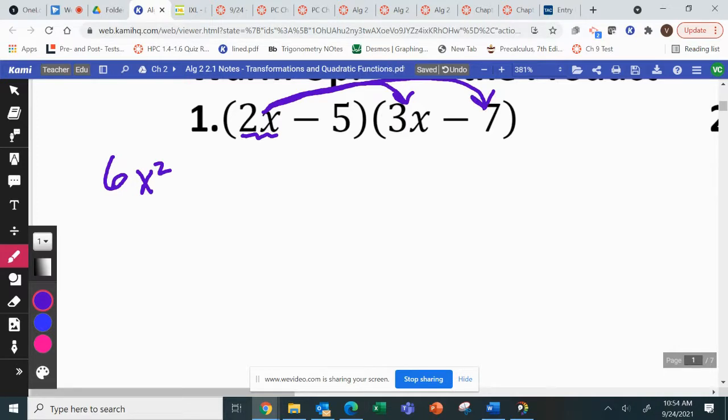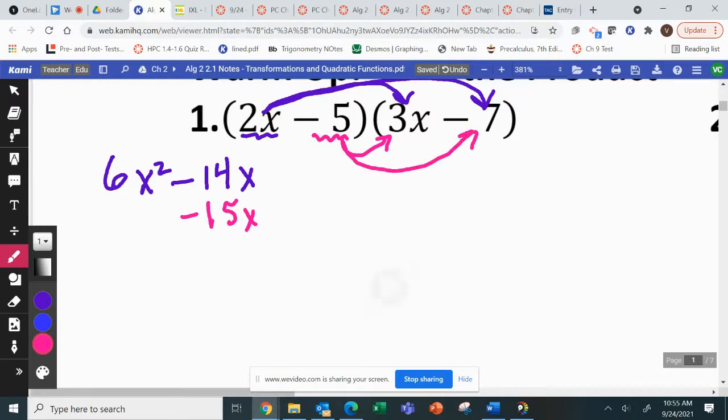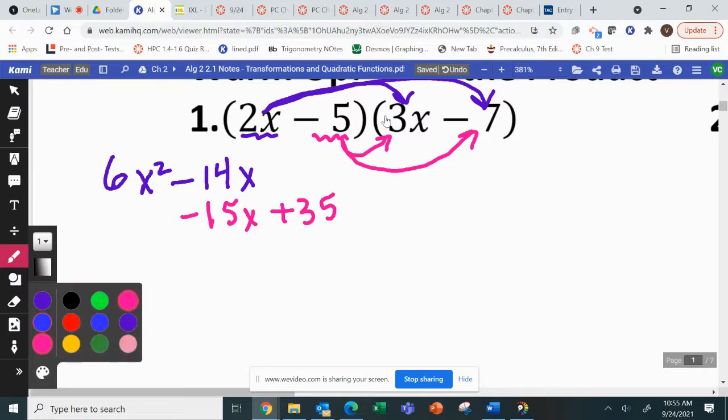So 2x times a minus 7 is a minus 14x. After that, I take the minus 5 and distribute it to the 3x. So that's minus 15x. And then I take the minus 5 and distribute it to the minus 7, which is plus 35.